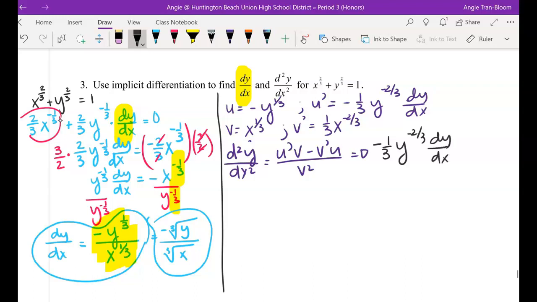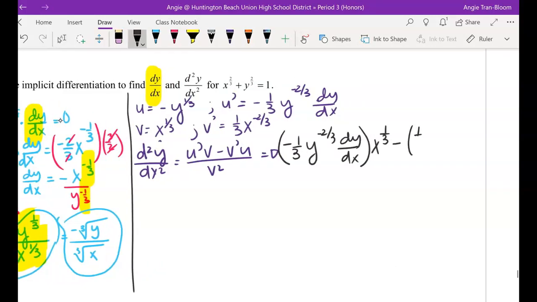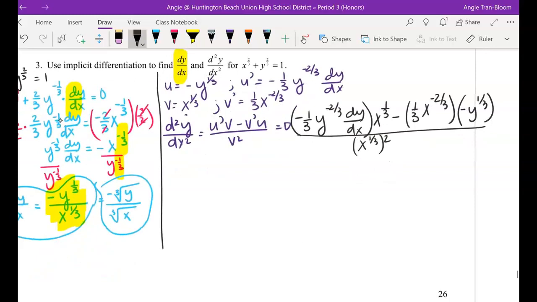So that's u prime times v, and v's is not as ugly, it's just x to the 1/3, no big deal, minus v prime, which is 1/3 x to the negative 2/3 times u, which just happened to be a negative y to the 1/3, okay, all over v squared, and v is x to the 1/3 to the square.